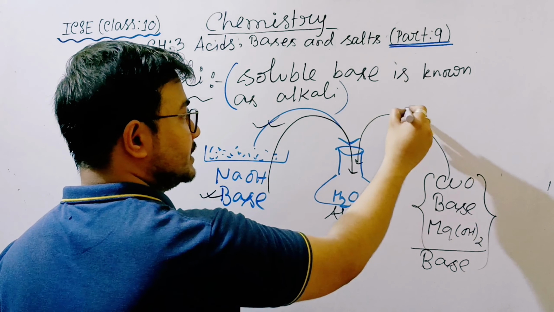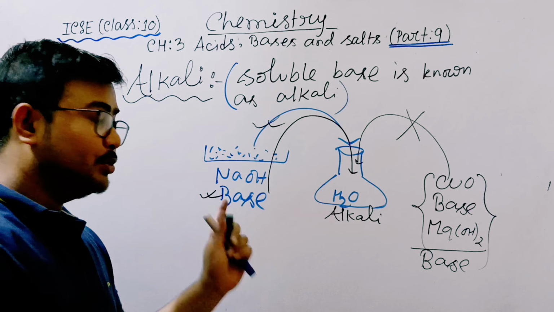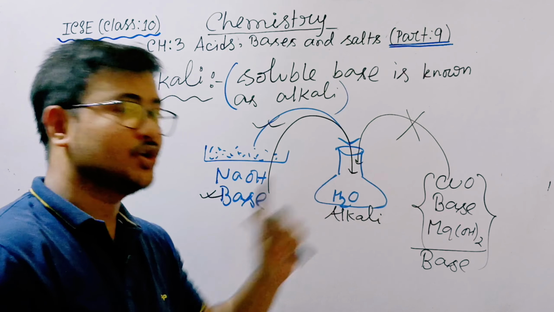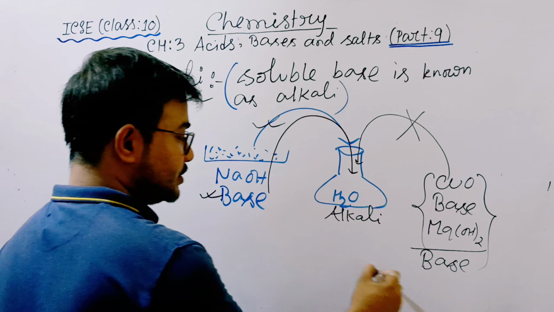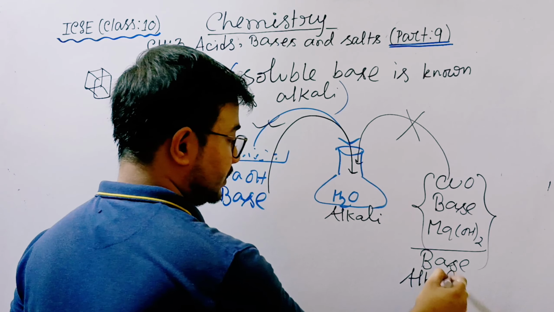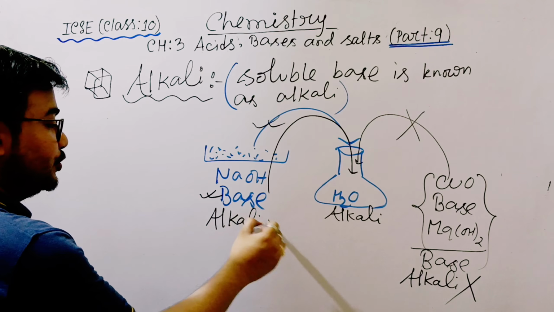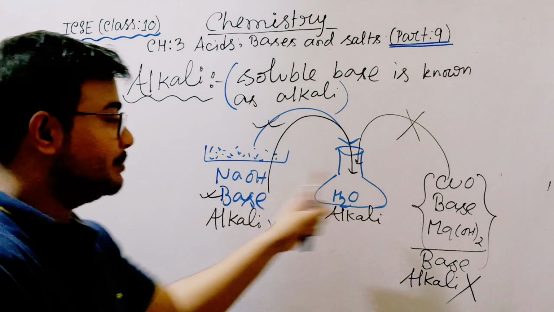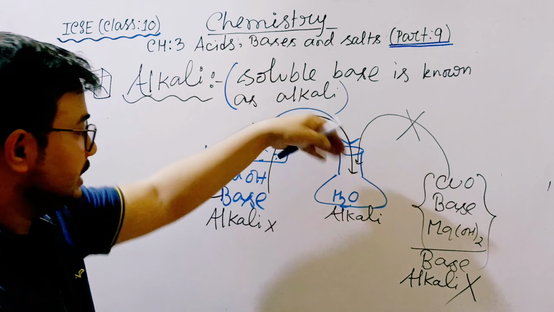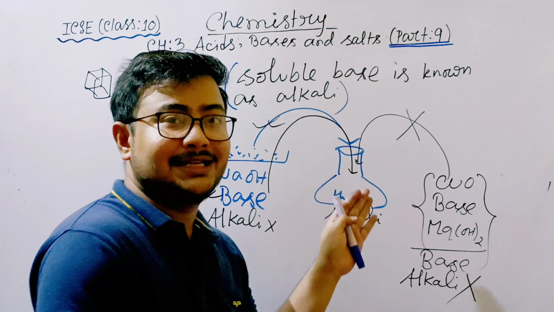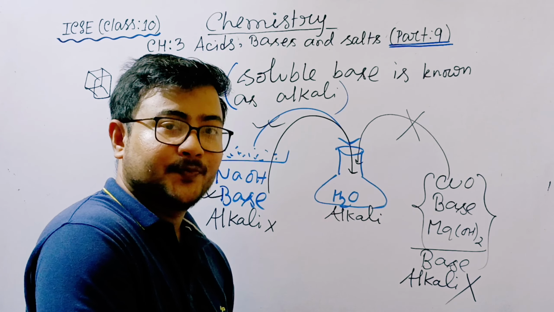Whenever you give that base, it is insoluble. Both are bases, but the insoluble one is not called alkali. Do you understand? Both are bases. The soluble one is called alkali. The one that is insoluble is not called alkali.